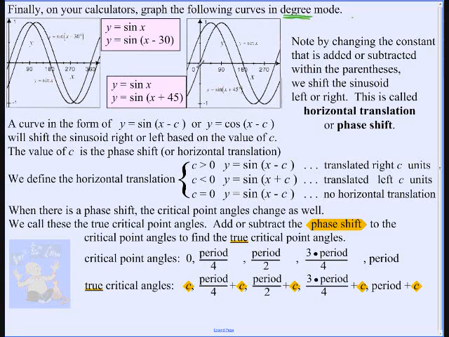I'd go for x from, let's say, negative 90 to positive, let's add 90 to 360, 450. So from negative 90 degrees to a positive 450 degrees. That way you'll be able to see the shift on either one of these very easily.